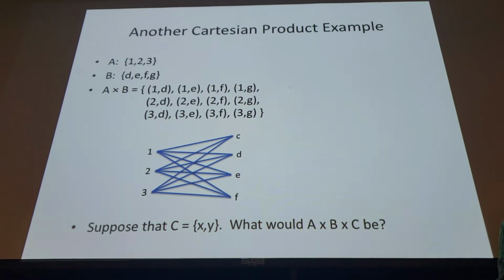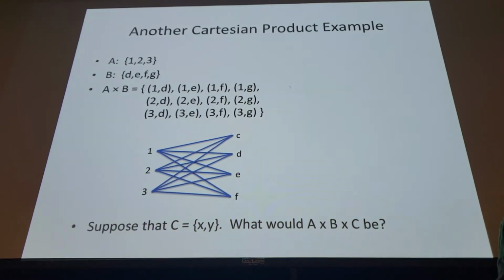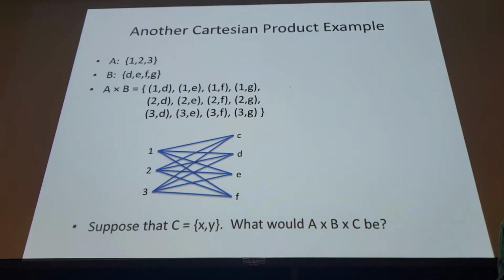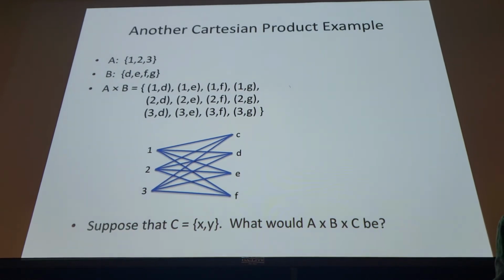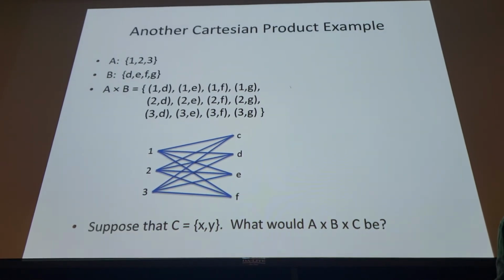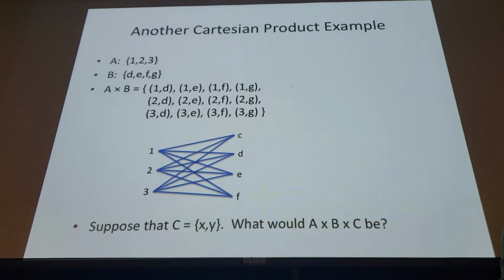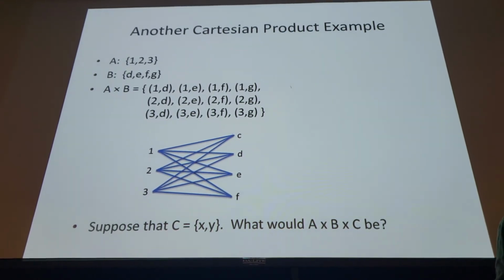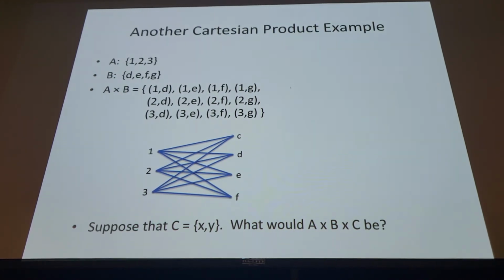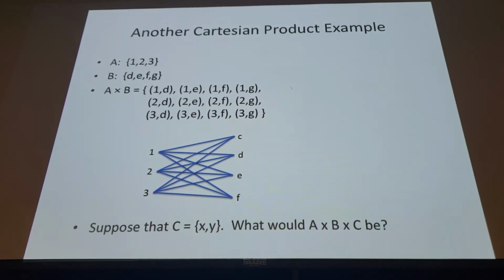A cross B and then cross C is going to be the same as A cross the product of B and C. Much like multiplication or addition, but unlike subtraction. In subtraction, the parentheses matter. Product, like multiplication and addition, is associative.